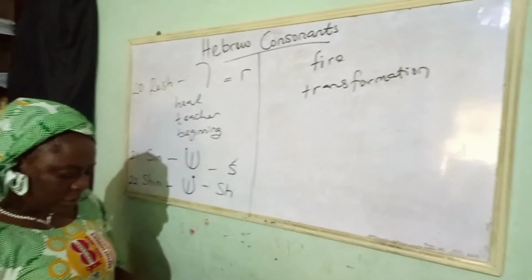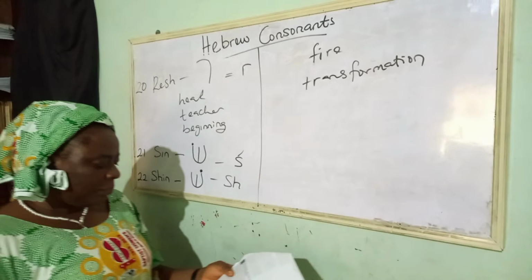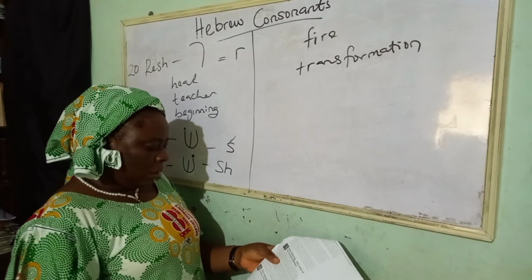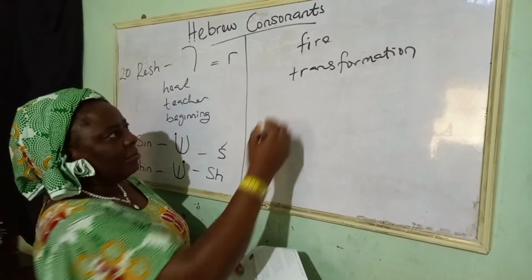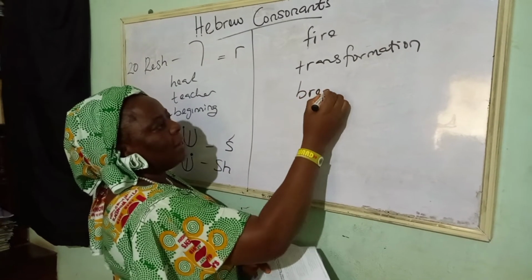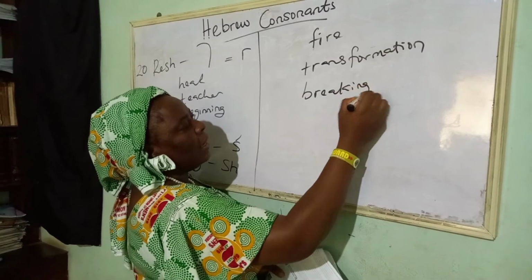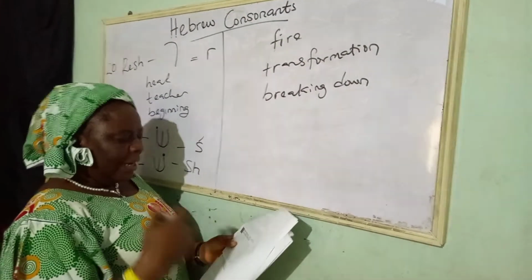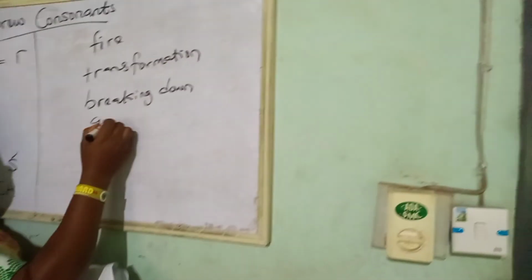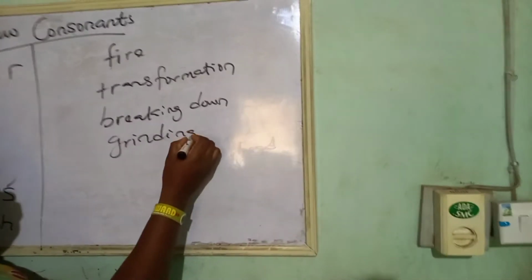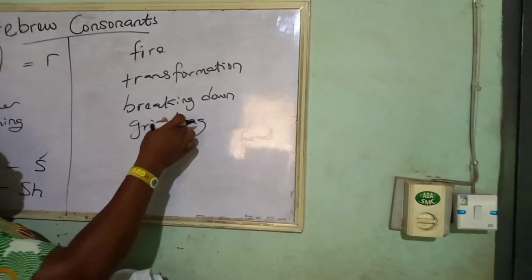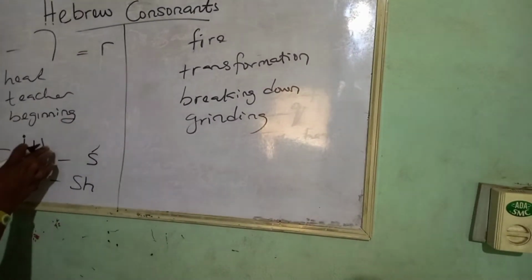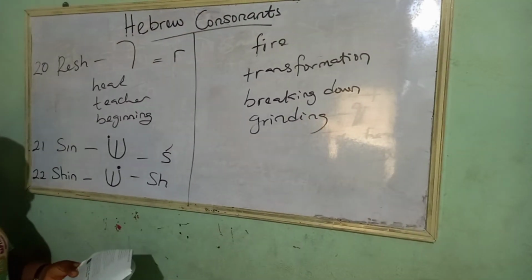It represents flame, high flame. It's a process of breaking down, just like we use our teeth to break down food, grinding, because you want to bring about transformation. That is the meaning of sin or shin.